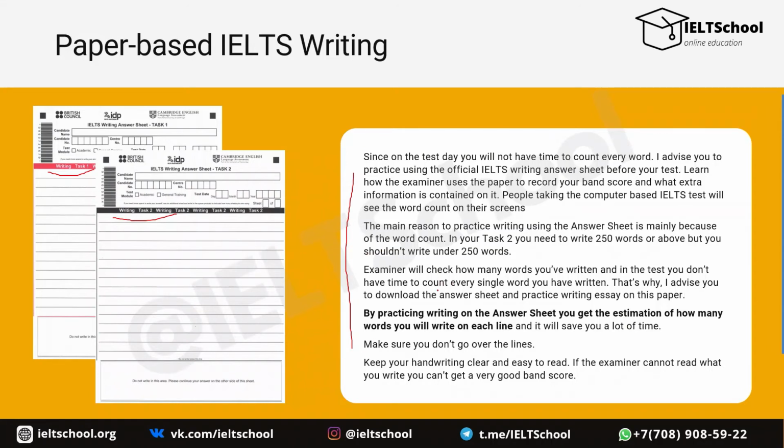My advice for you: when you have 1 month left or 2 weeks left before the exam, start practicing writing on this kind of answer sheet, because it will give you some kind of estimation of how many words you can write on one side and how many on the other side, because you need to write at least 250 words for IELTS writing task 2, and for writing task 1 you need to write at least 150.